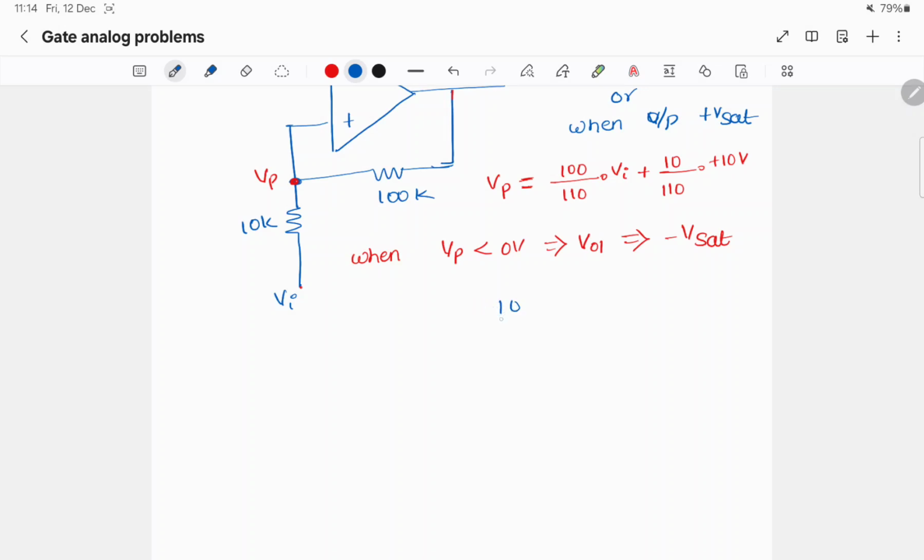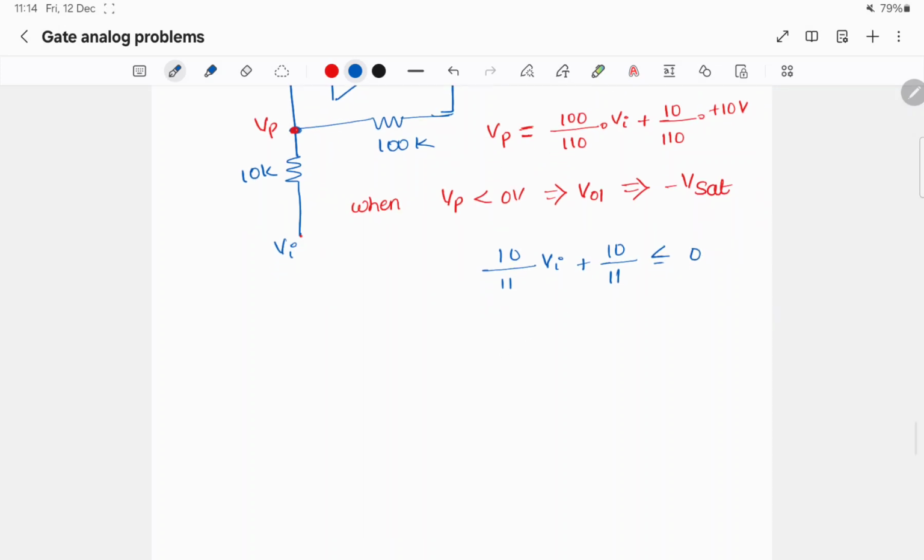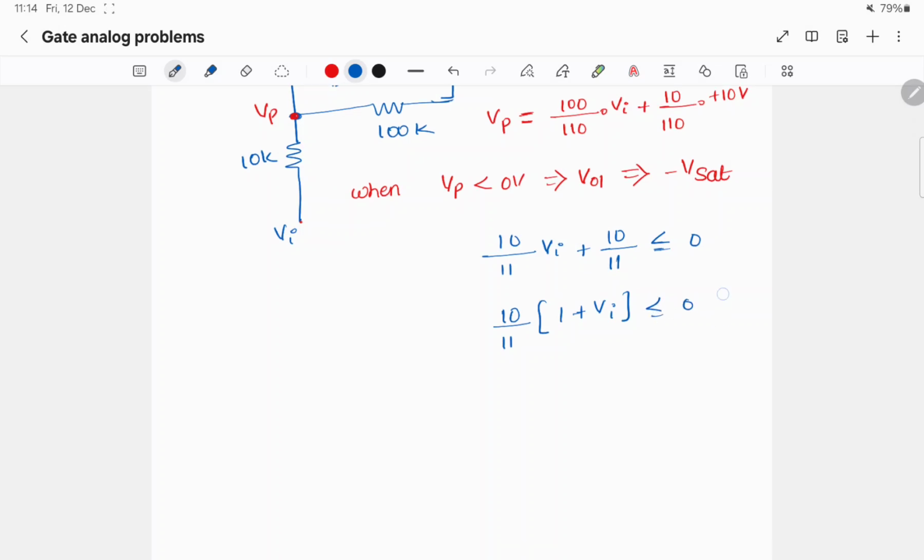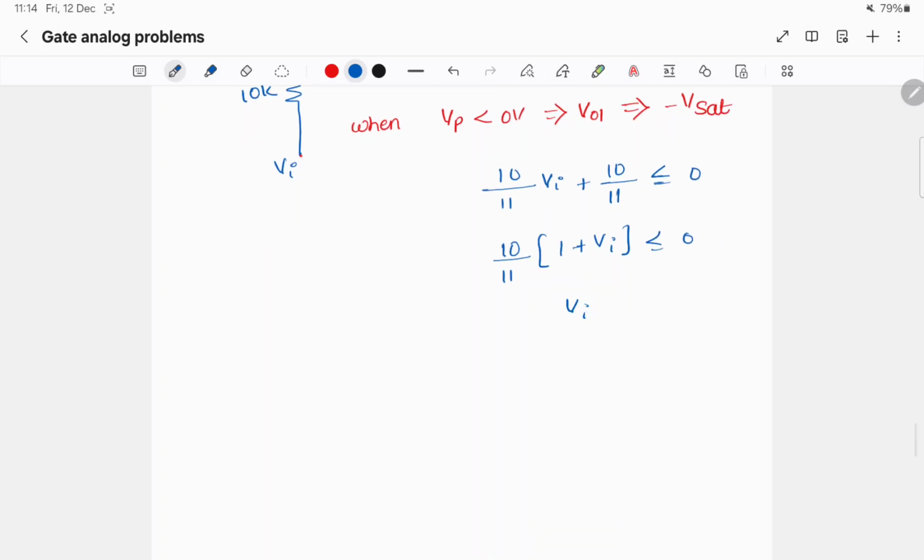It's nothing but 10 by 11 Vi plus 10 by 11 is equal to 0 or less than 0. If I take 10 by 11 common, it will be 1 plus Vi. For this, Vi should be less than or equal to minus 1 volt.